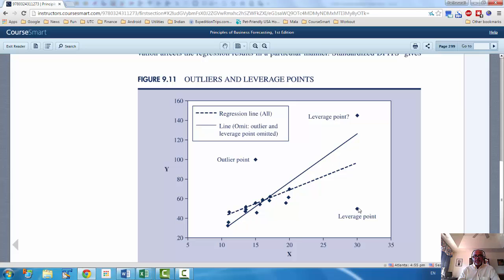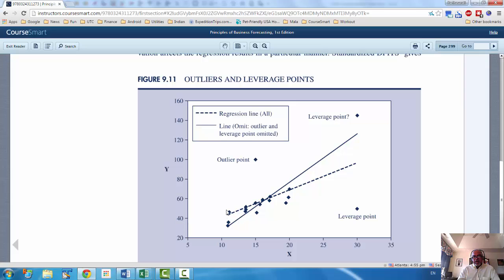For example, if the leverage point, with the x value equal to 30, falls around here, the y value is still within the existing range. Most of the y's are falling in this range, and the y value corresponding to this x value also falls in the same range.